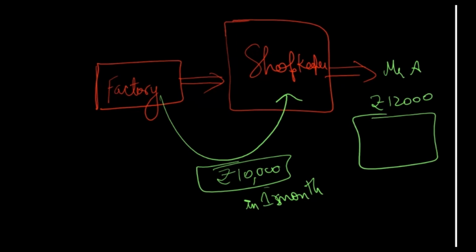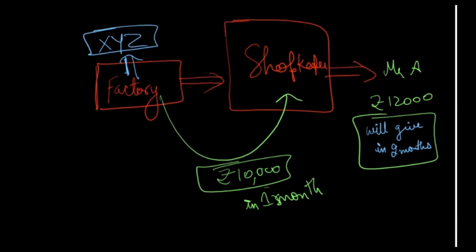Mr. A will pay in 2 months. Here, the factory, let's take its name as XYZ, is the creditor of the shopkeeper. It means XYZ is the creditor of the shopkeeper.